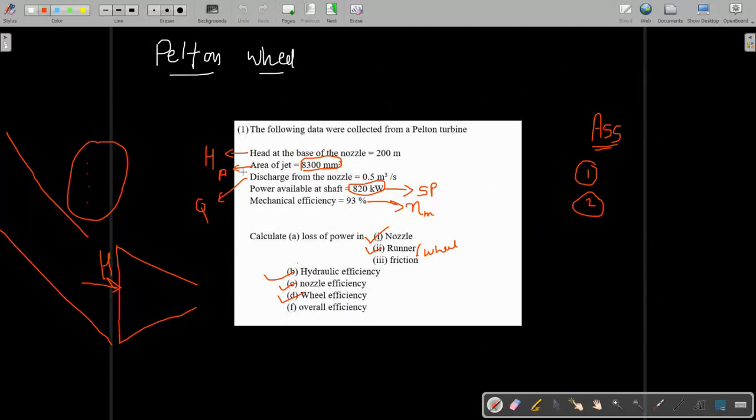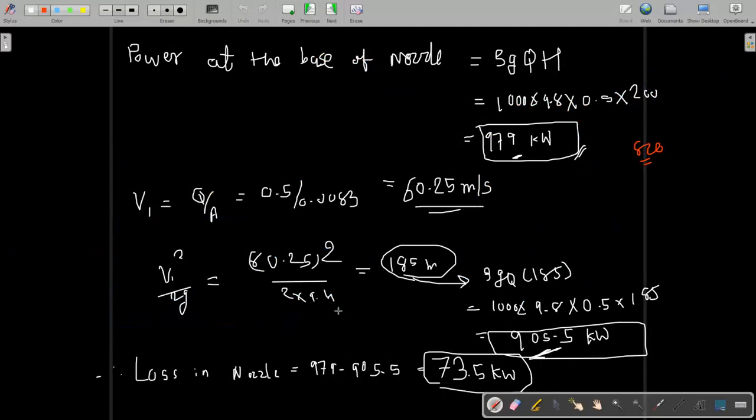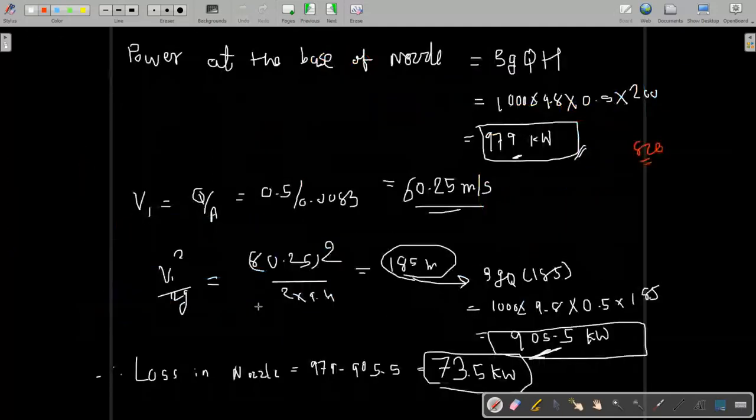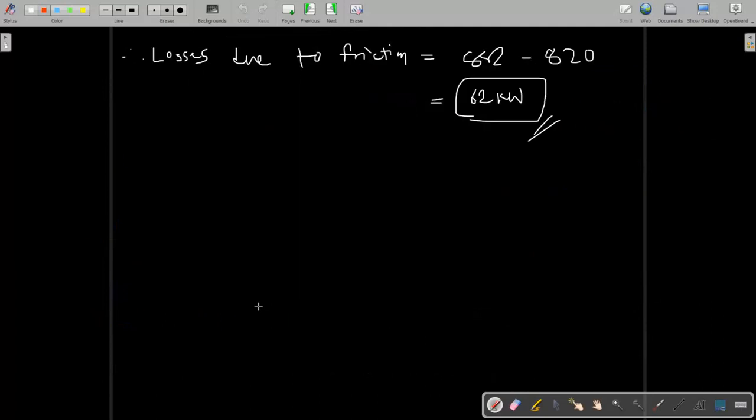Okay, so lastly, we have found all the losses, and now what is the overall efficiency? We know the equation of overall efficiency. It is hydraulic efficiency into mechanical efficiency. So just write down the equation here: overall efficiency is equal to hydraulic efficiency into mechanical efficiency.